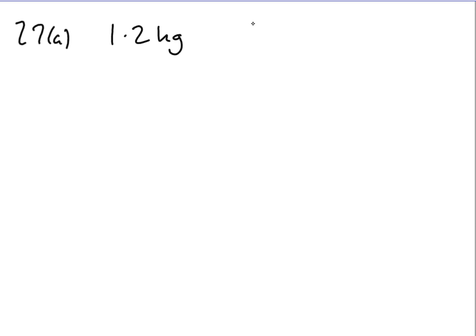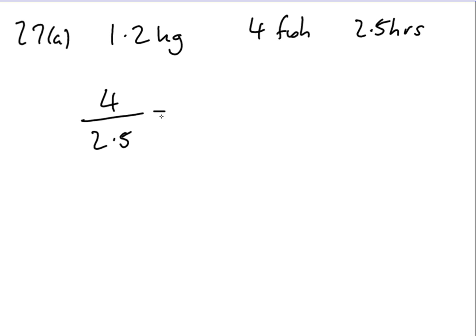And what we have here is we have 4 fish, and that's taken in 2.5 hours to catch the 4 fish. So the mean number of fish caught per hour is the number of fish caught, 4, divided by the number of hours it's taken in, and then we'll get 1.6 fish per hour.